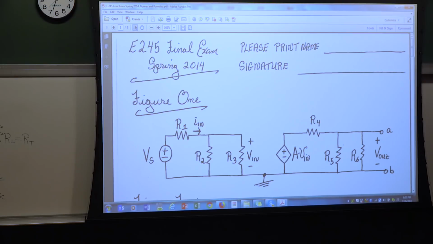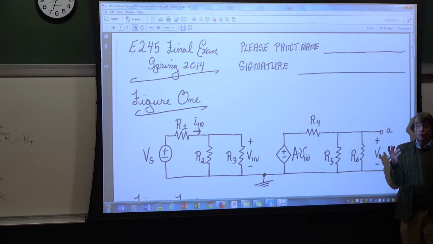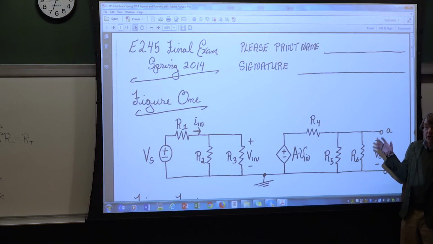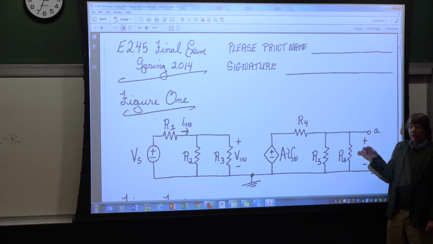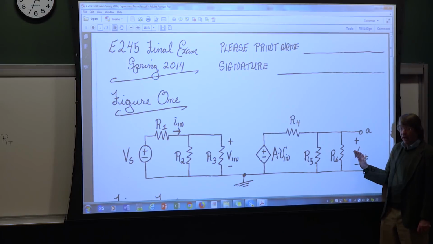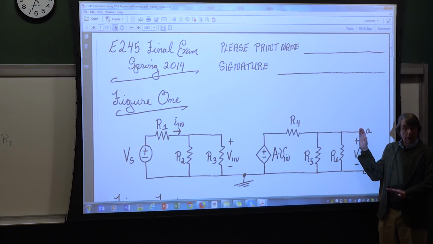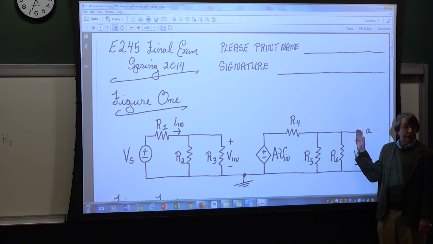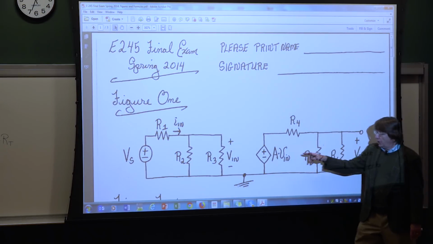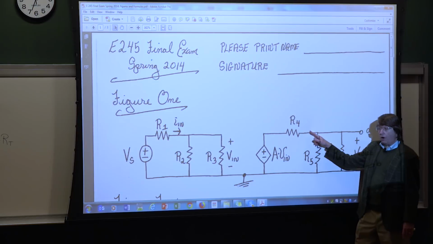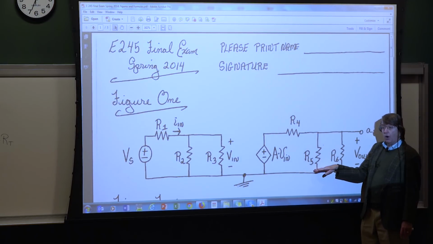Excellent. You nailed it. If I put a short circuit here, remember in our lecture, I said you have to solve this problem twice? Solving it twice means I now have to forget about V out or V open circuit because I'm now going to put a short circuit here. Completely changes the circuit. So now the current goes through R4 and says, I'm not going through R5.